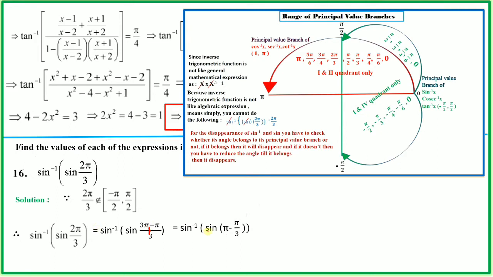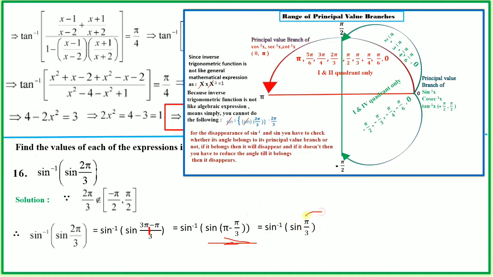So sine inverse sine of 3π upon 3, 3 cancels, so π, and minus π by 3. This is π minus θ, which means second quadrant, so it is sine θ. So sine inverse sine π by 3, positive, since in the second quadrant sine is positive.